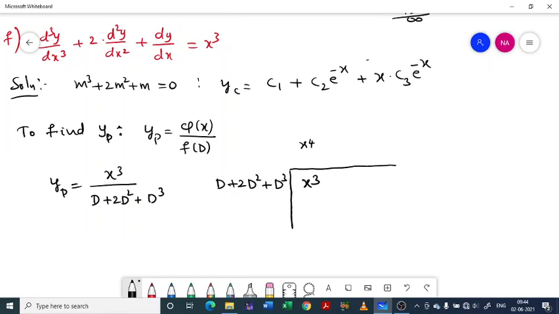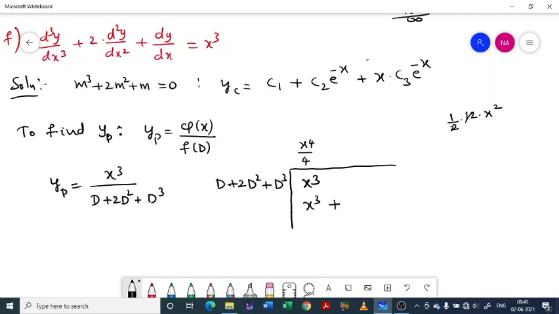That is actually x power 4 by 4. So you get x cube plus 2d square into x power 4 by 4. So 2 by 4, 1 by 2, multiplication. Differentiating x power 4 two times, 4x cube, and next 12x square.